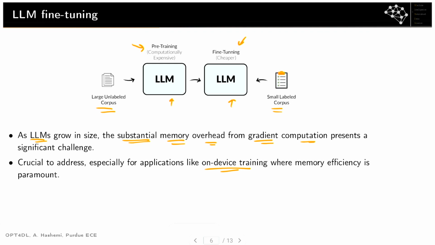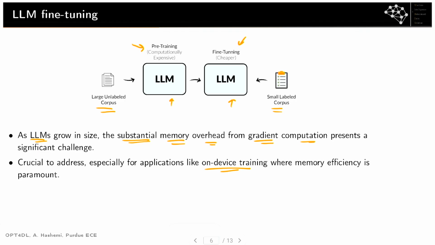So I have my own personal computer or laptop, and let's say, given privacy reasons, I want to perform this fine-tuning locally. So obviously I'm not going to have access to a lot of computation nor memory. So the fine-tuning step that I do has to be made very, very efficient.